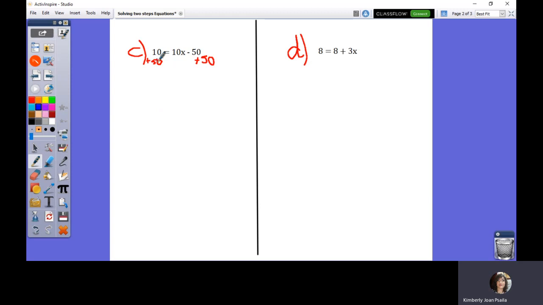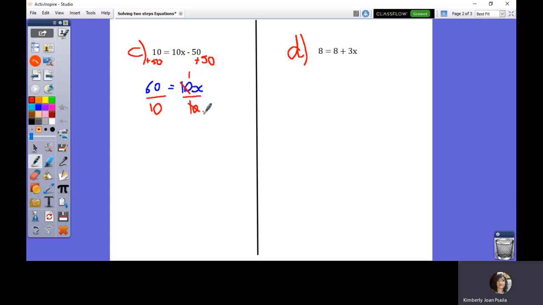So we are left with 10 plus 50, which gives us 60, equals 10x plus 0. We can leave this empty since minus 50 plus 50 gives us 0. In order to get rid of that 10, which is multiplied with x, we have to divide by 10 on both sides. We simplify.